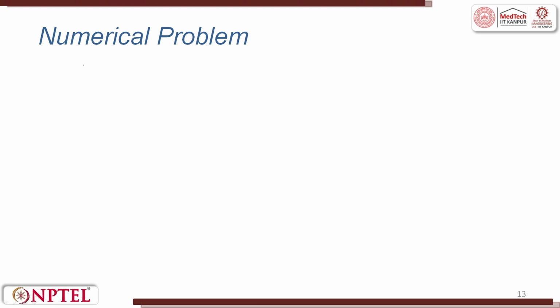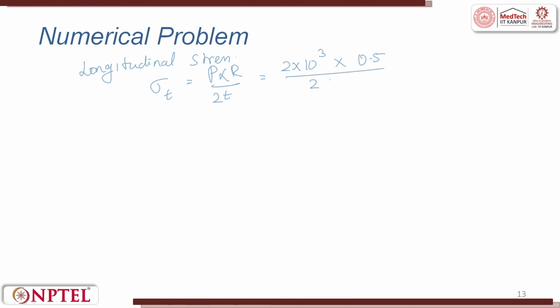So, next calculate the longitudinal stress. Longitudinal stress sigma L is nothing but P times R divided by 2T, which is 2 into 10 to the power 3 into 0.5 divided by 2 times 0.01. Okay.